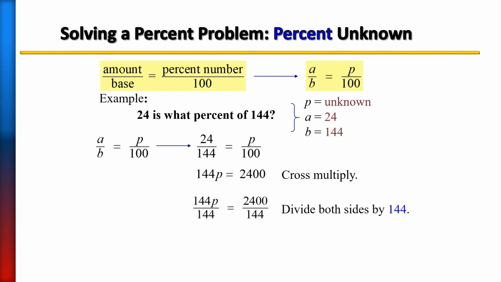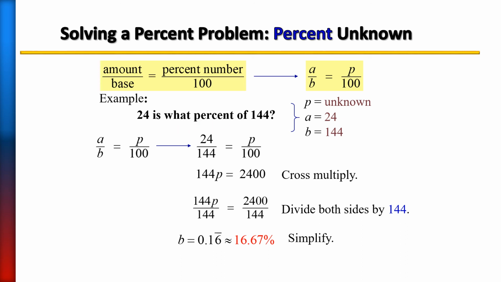Using your calculator, 2400 divided by 144 will equal what? You should get 0.16, and it goes on and on. Again, when we round that, it rounds to 16.67%. We need to make sure that this is in percent form, because in this problem it asks what percent. So your answer should be a percent.